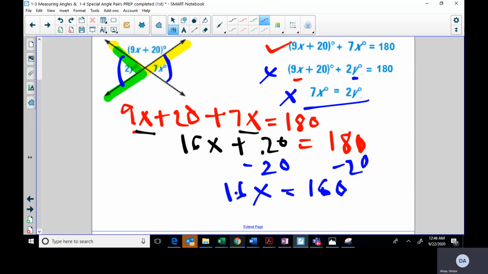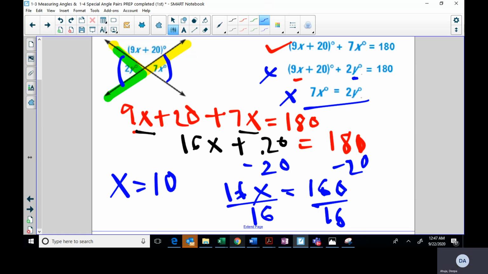Solve for x, divide by 16, divide by 16. x is equal to 160 divided by 16, x is equal to 10.